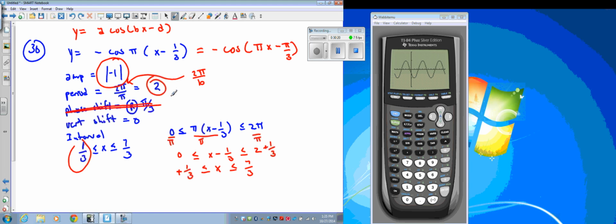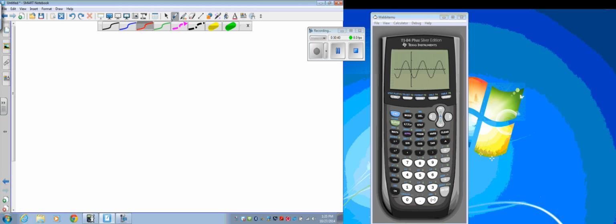The phase shift is actually 1/3, and it's to the right. And from here to here, it's too long. Well, let's see if we can do something else. Maybe I can be more successful on 32.